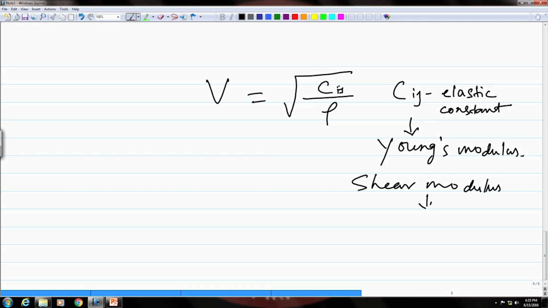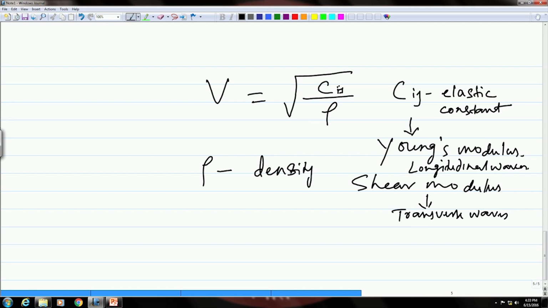So, shear modulus can be used for transverse waves, and Young's modulus can be used for the longitudinal waves. Sometime Poisson's ratio is also used, and rho is the density. Okay, so, the properties of the material will decide what will be the velocity of sound through that particular material.